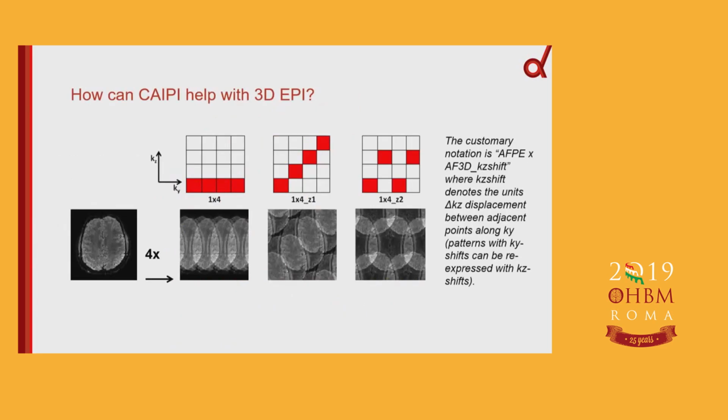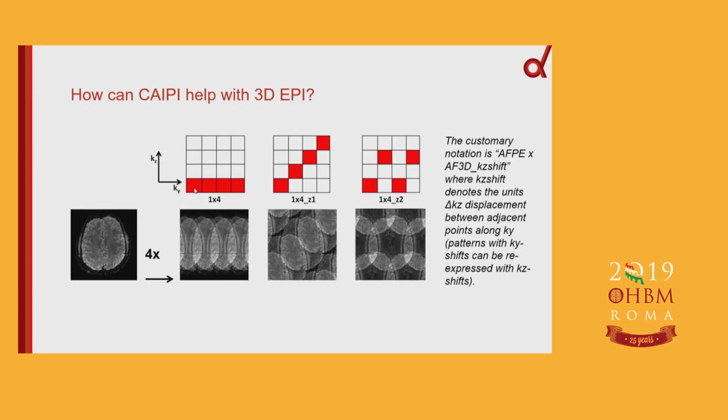You can think a bit further, because if you're only looking at the two phase encoding directions, which are traditionally labeled KY and KZ, then you can think effectively of the analogous CAIPI type approach to what we were talking about in 2D.